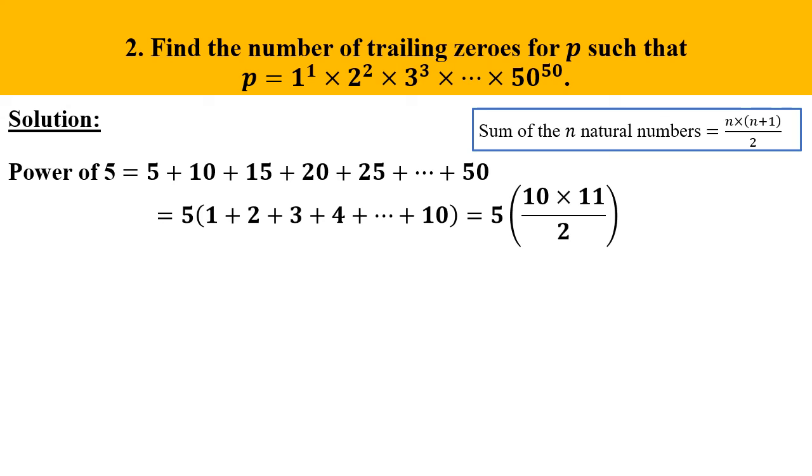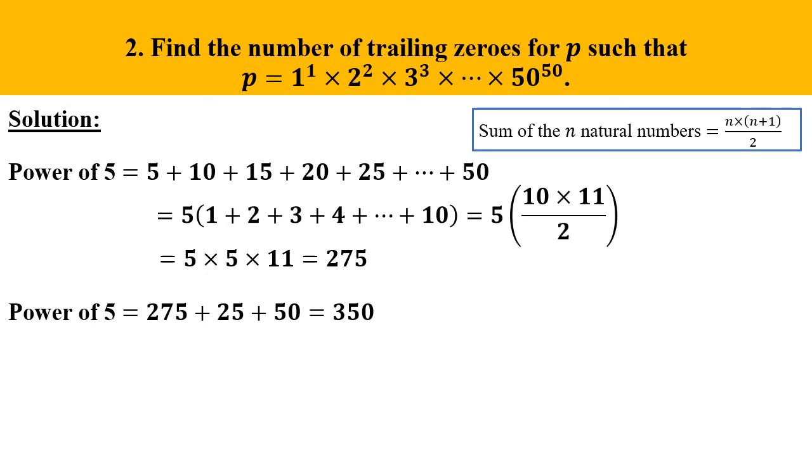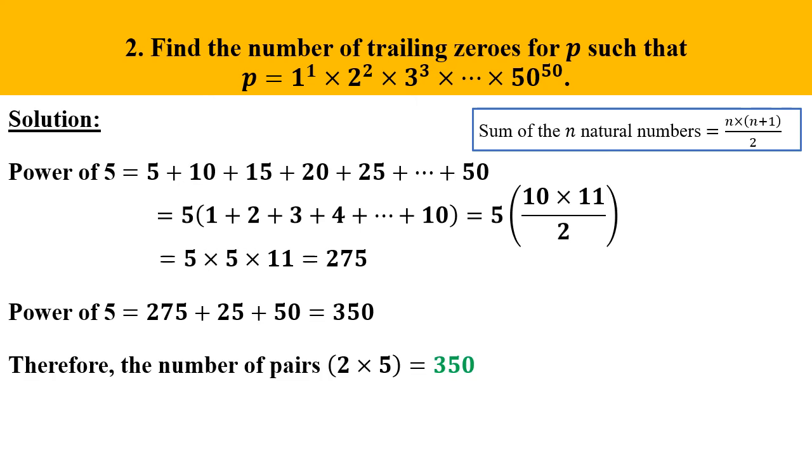So here we have the sum of 10 natural numbers: 10 into 10 plus 1 divided by 2, so 10 into 11 divided by 2. We get 275 here. But we left 25 and 50 times 5 in the previous slide. So the power of 5 equals 275 plus 25 plus 50, that is equal to 350.